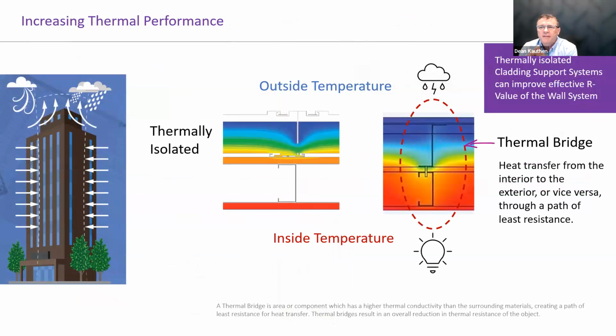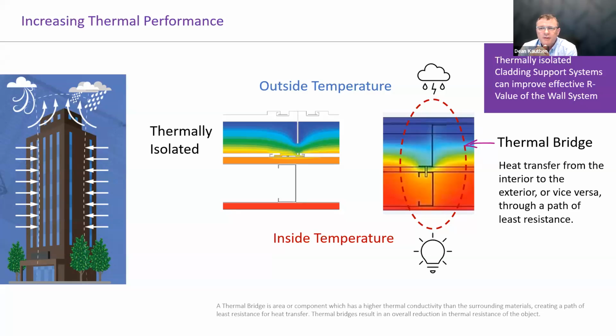And we can see here in this visualization, there's two different types of clip and rail systems in plan view. The example on the right is an example of a thermal bridge where you see the blue area representing the cold temperature on the exterior of the building around a steel clip transferring heat from the inside of the building out.